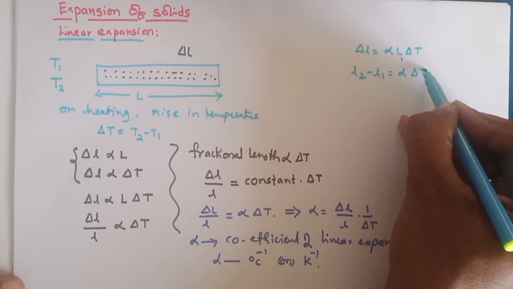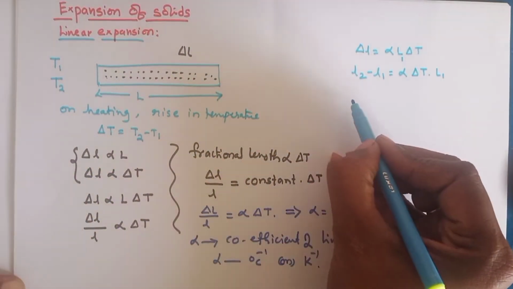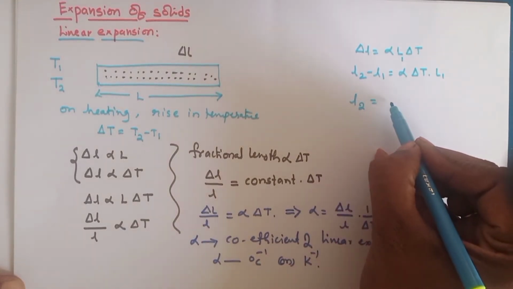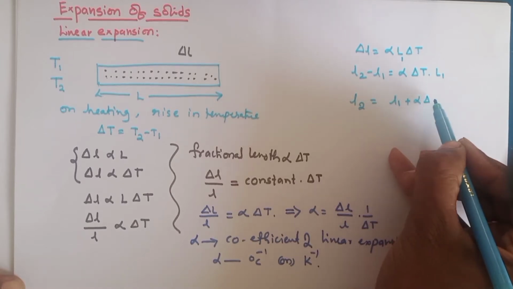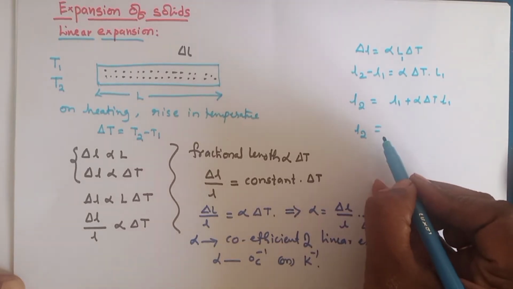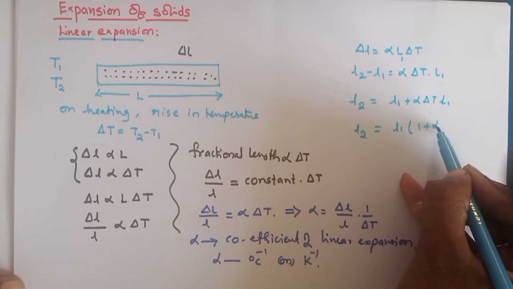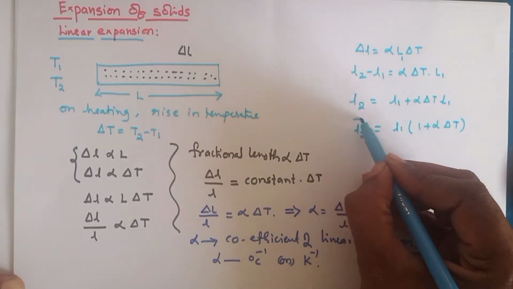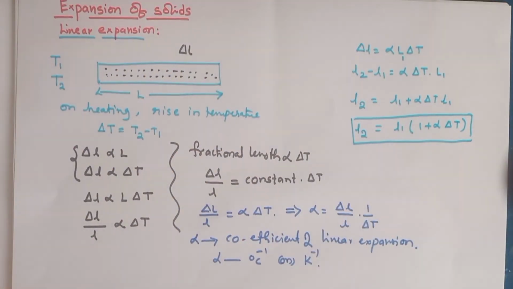Final length is equal to L1 plus alpha into delta T into L1. If you want to calculate L2, take L1 common: L1 into 1 plus alpha into delta T. So this is the final length on heating. Obviously delta T is positive here.